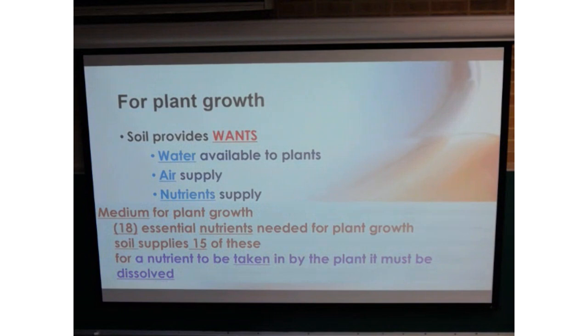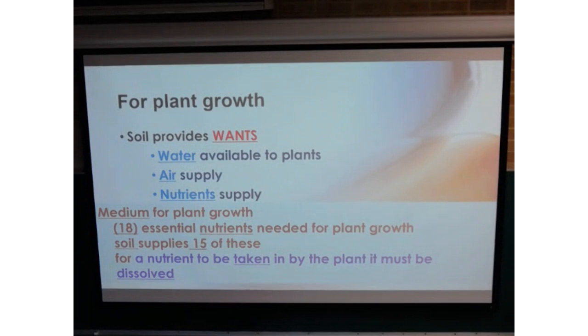It's really important because it supplies most of the essential nutrients to grow plants. That's why in soil fertility we're going to study what kinds of nutrients there are and how we prepare those nutrients to grow the plant. That is soil fertility. About 15 out of the 18 essential nutrients can be supported.